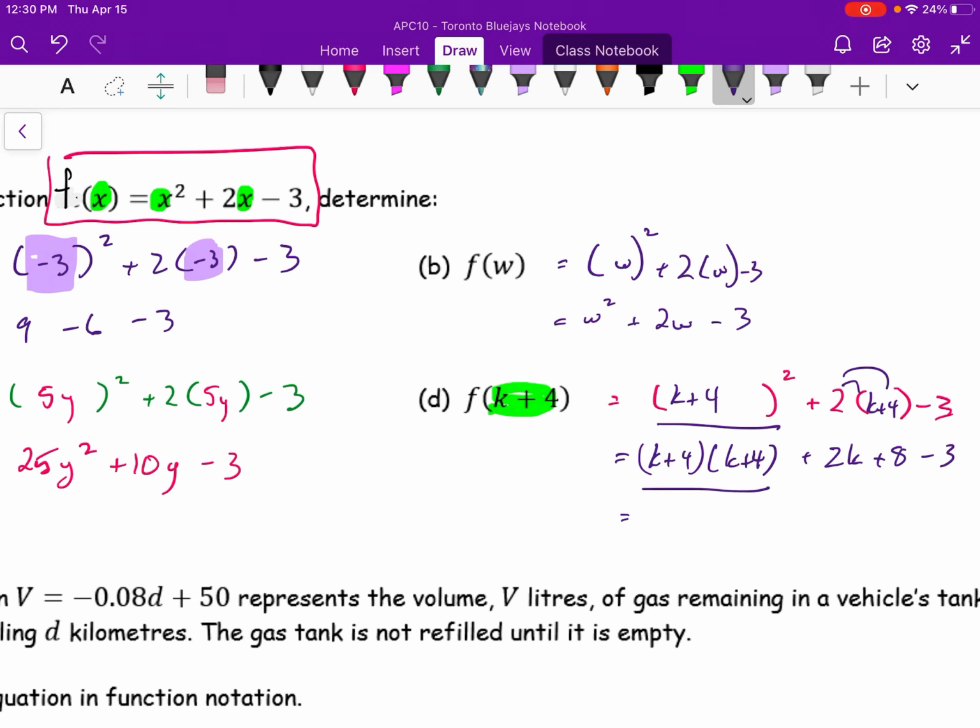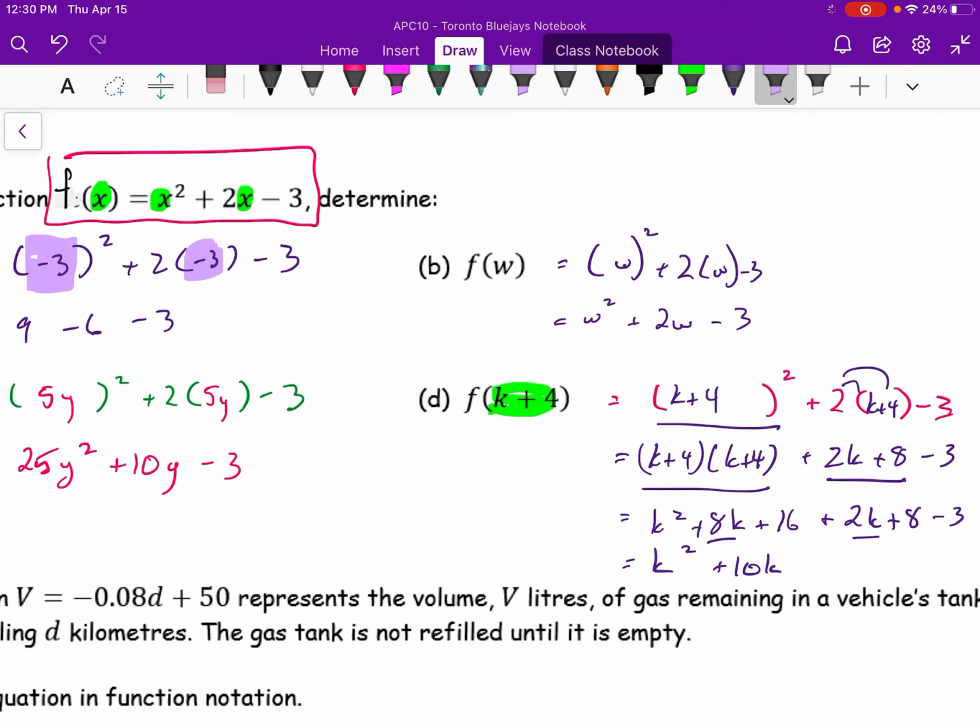If I'm going to multiply those things, k plus 4 times k plus 4 is k squared plus 8k plus 16. Plus, I'm going to evaluate this term, 2k plus 8 minus 3. Collecting like terms, I get k squared plus 10k.